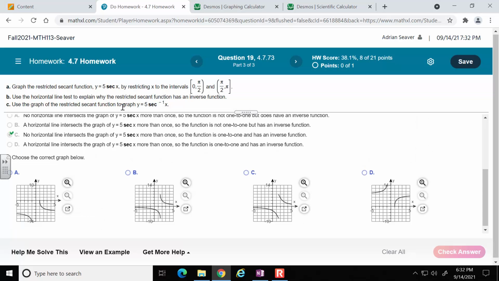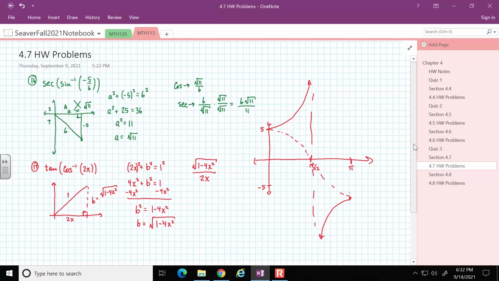All right. So choose the correct graph below. It says use the graph of that to graph 5 inverse secant of x. This would be kind of hard to picture, and if I want to flip it around the line y equals x, that's maybe a little hard to see. So let's do this instead.